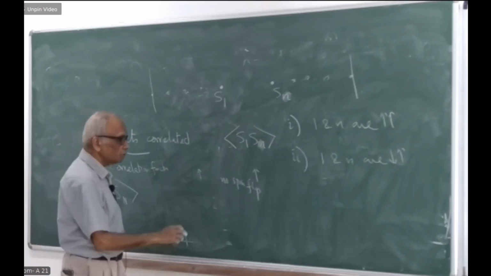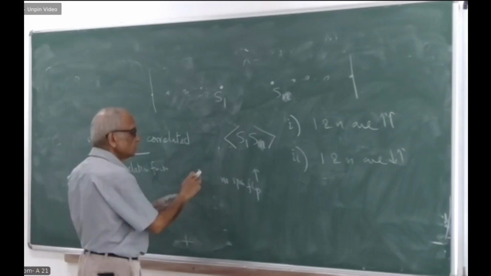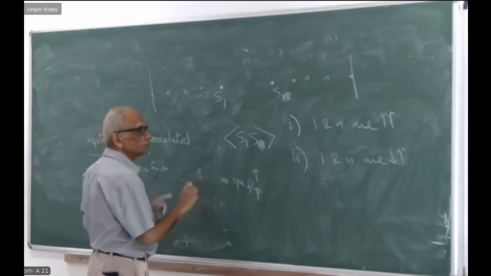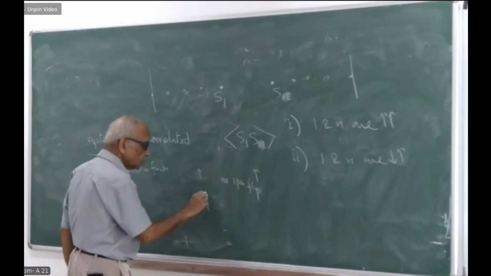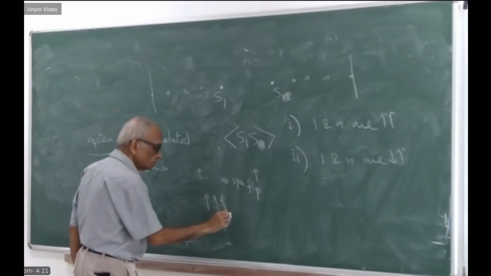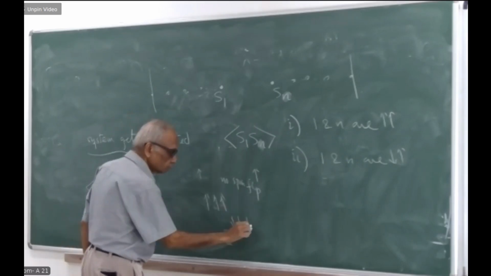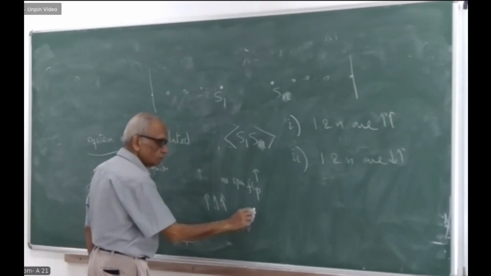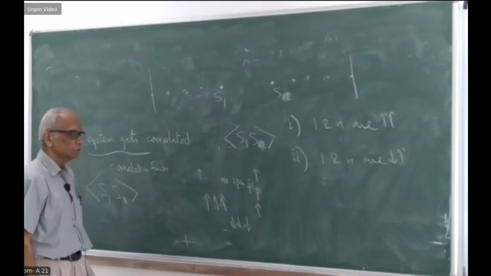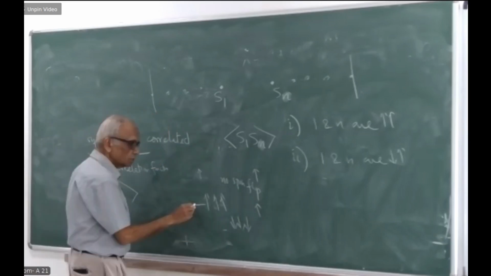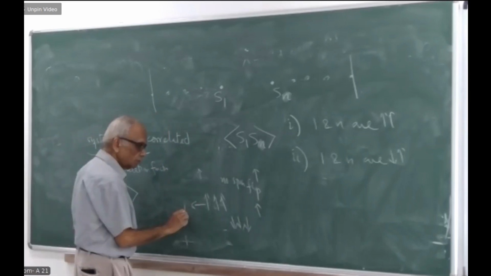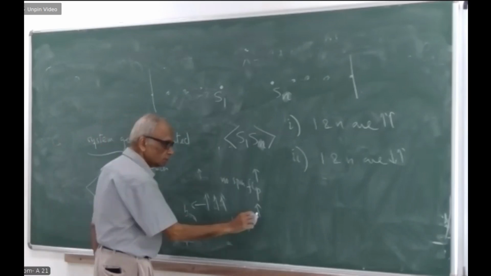I cannot, if this is up and this is up, then I cannot have a configuration which looks like this. So this is the boundary spin and this is the boundary spin.